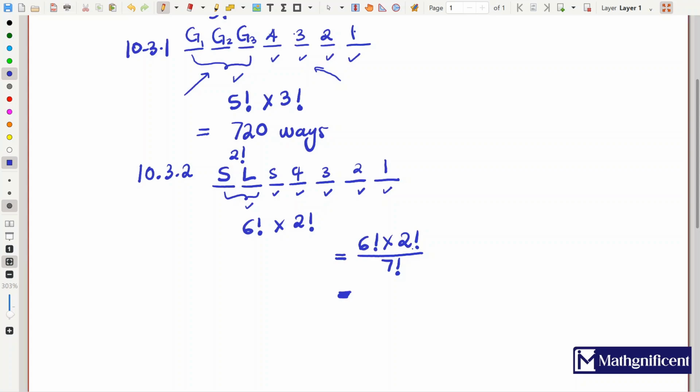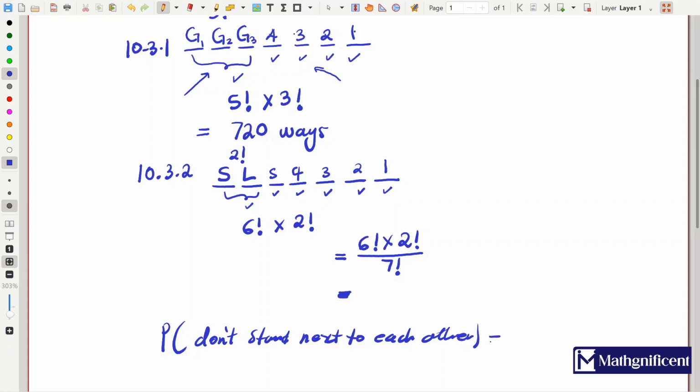Now we know this is the probability that the 2 stand next to each other. Then what can I do to find the probability that they don't stand next to each other? I'm going to subtract this from 1. So what I'm looking for here is the probability that they don't stand next to each other, right?